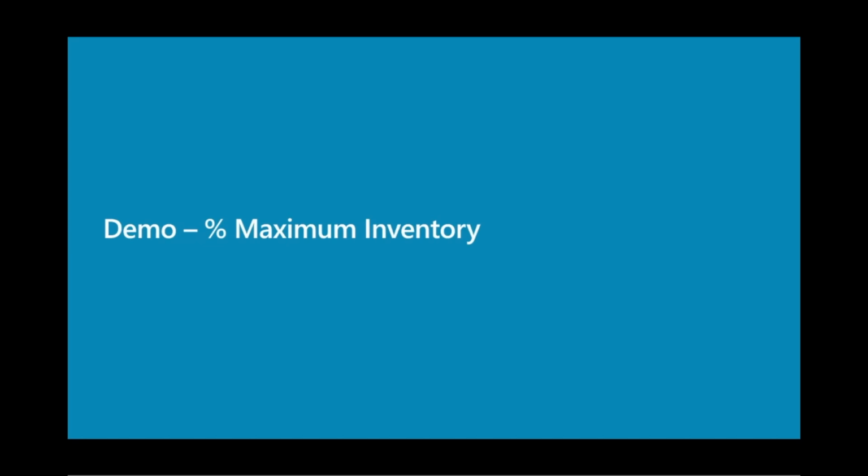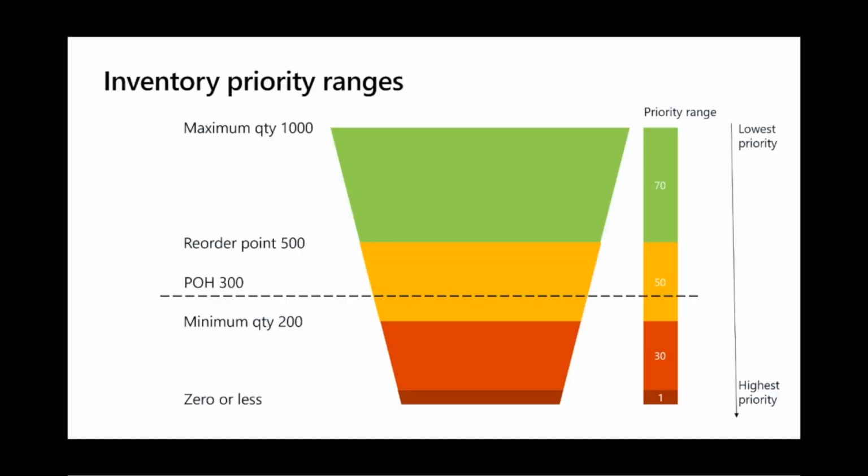The next method that we're going to talk about are inventory priority ranges, where our percent of maximum inventory takes the projected on hand and divides that by the maximum quantity to assign a priority. Instead, we have the option to define ranges of priorities, and wherever that projected on hand falls within a range, it will be assigned the priority value for that range.